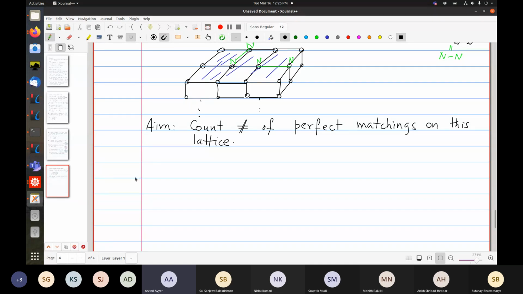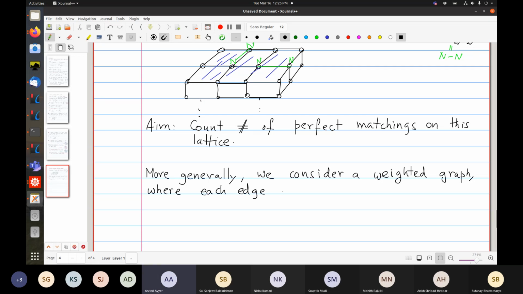More generally, we consider what is called a weighted graph, where each edge e in E has a weight w_e.